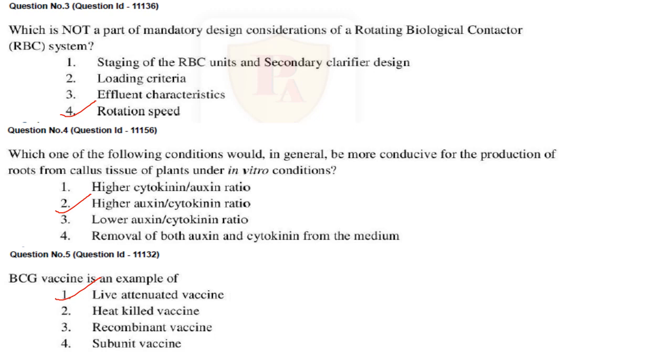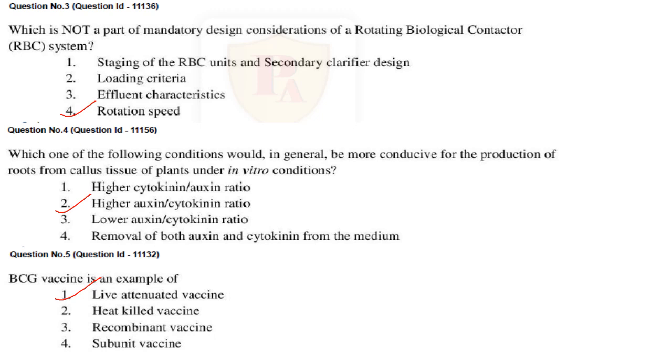In this process, the wastewater is allowed to come in contact with the biological film to remove the pollutants before this water is discharged to rivers or oceans. So they have asked which is not a part of mandatory design considerations of a rotating biological contactor. It is rotation speed. Answer is option 4.